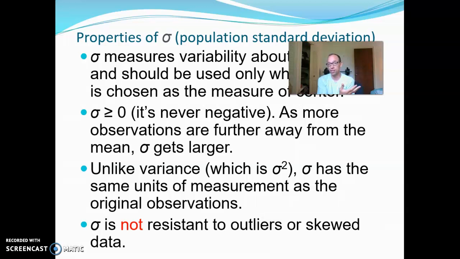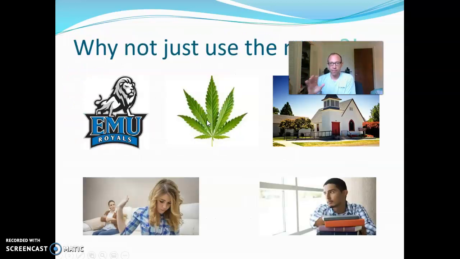So there is another alternative that we'll look at in a separate video. If we want to measure the spread in a way that is resistant to outliers, there is something else we can use.